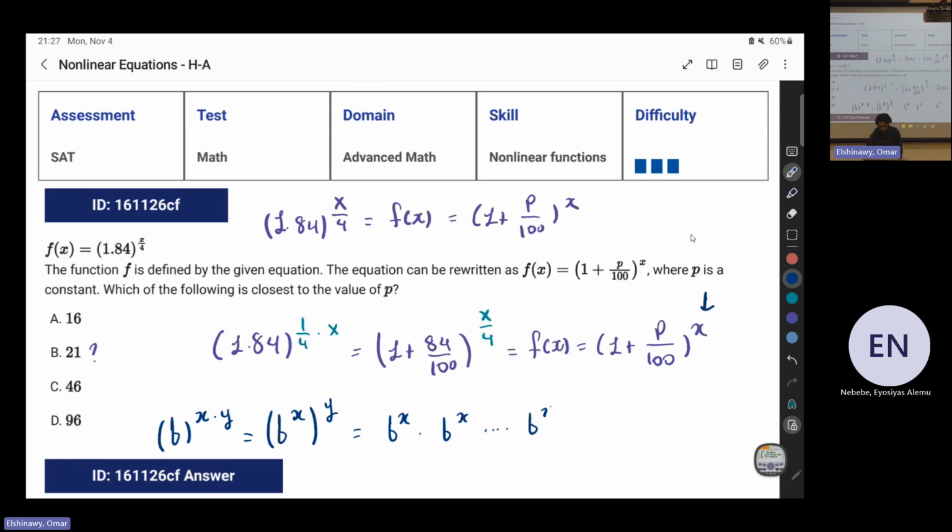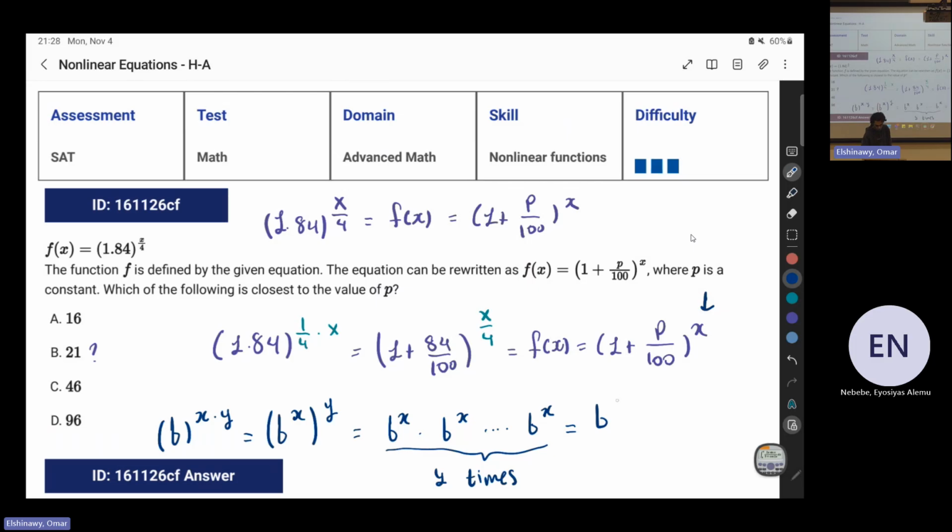But we do this y times, if you're wondering. But at the same time, by the simple law of exponents, if we multiply the bases, we can just add the exponents.